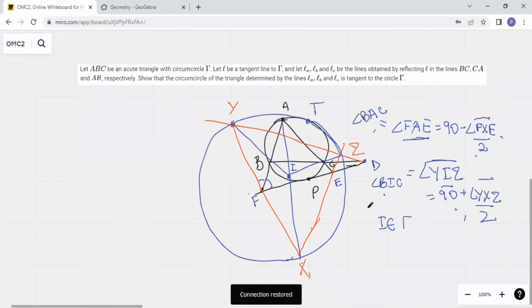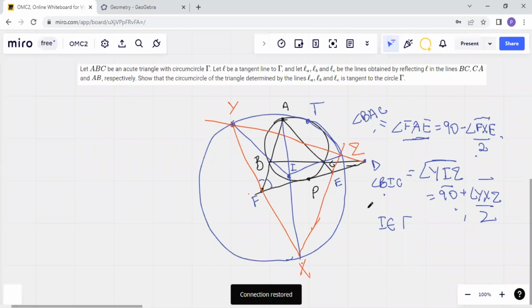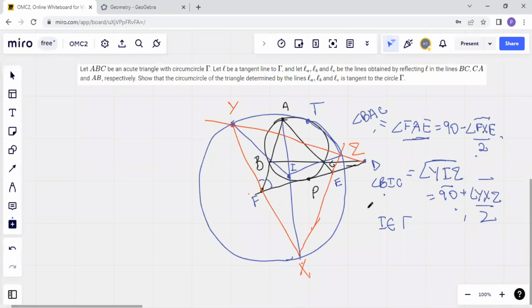This was natural, I guess. Because you're reflecting L, and P is a good point on L, why not just reflect P? Reflect P over BC to be PA, reflect P over AB to be PC, and reflect P over AC to be PB.